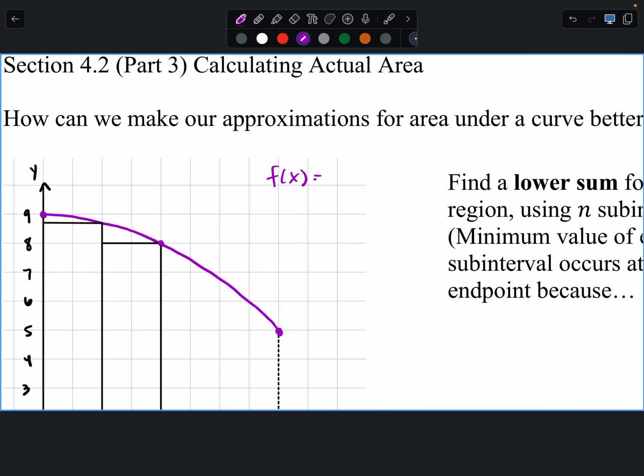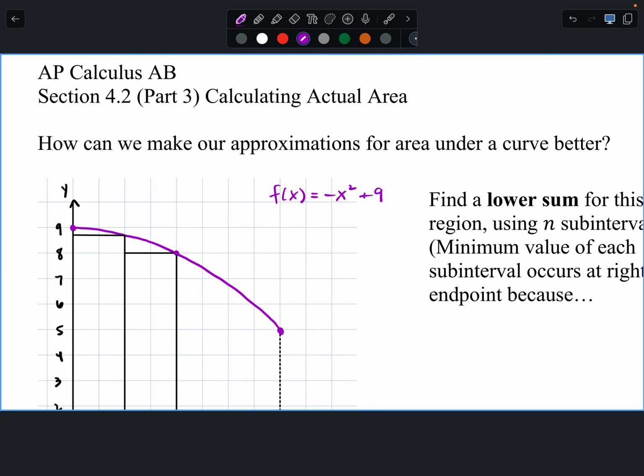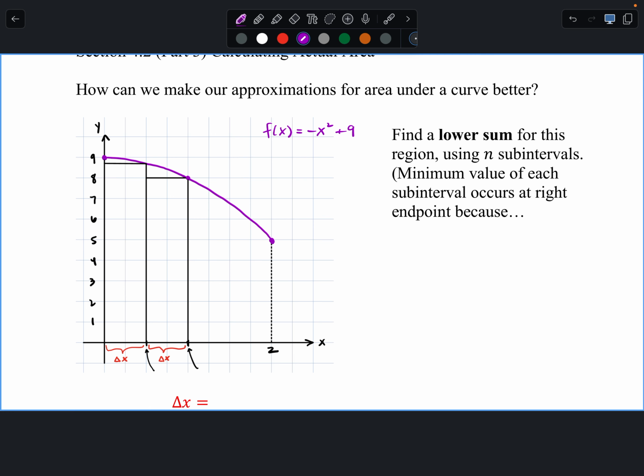And since we now can say that delta x is equal to 2 over n, I can also write that as f of 2 over n times 2 over n. So that can represent the area of the first rectangle.